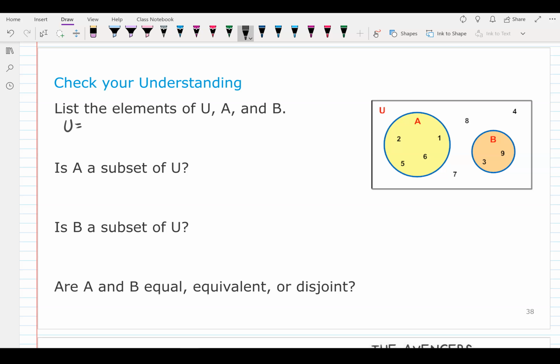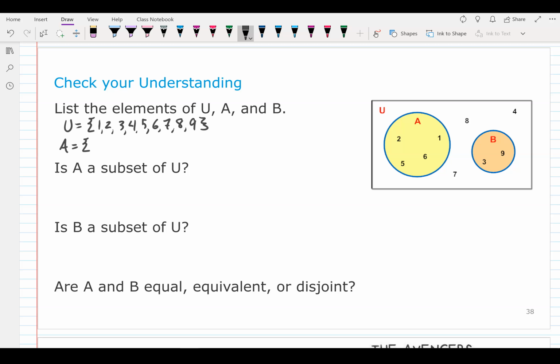Okay, well U, what is it? What are all the elements we're working with? I see a 1, a 2, a 3, 4, 5, 6, 7, 8, 9. I see all the numbers 1 through 9. The set A is part of that set.